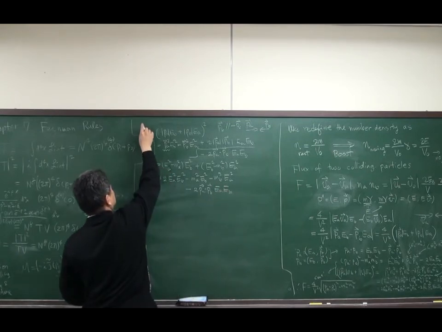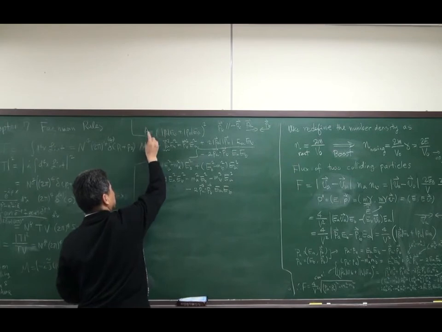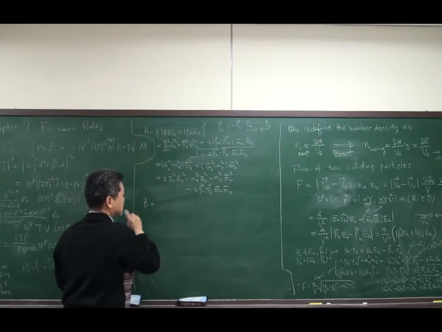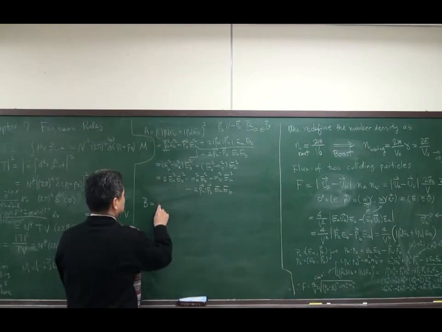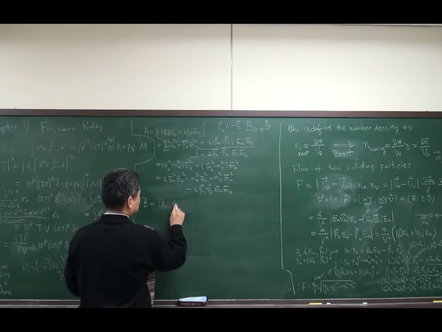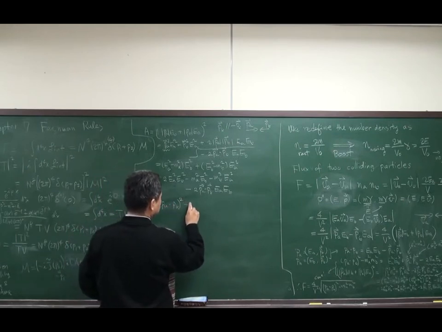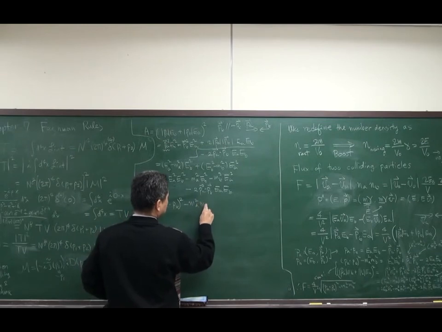And then minus 2 times PA dot PB EA EB. So this is the left-hand side, this is expression A. Expression B is PA dot PB squared minus MA squared MB squared.